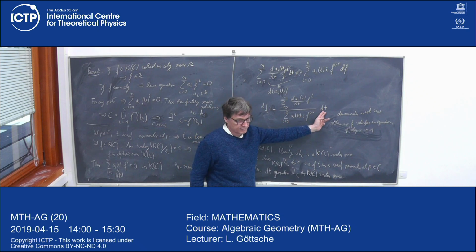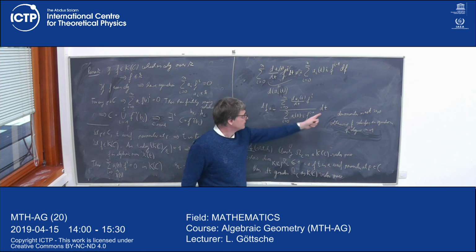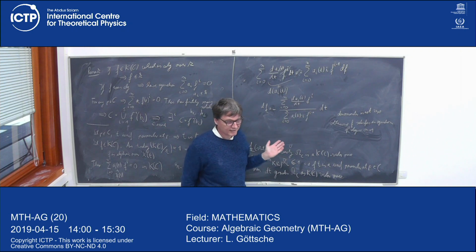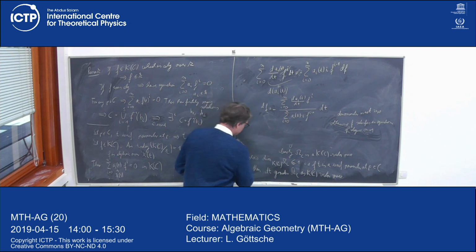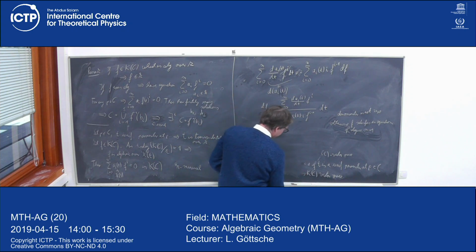This dt is the unique generator. It could still be that dt is 0, in which case we are out of luck, because obviously you cannot do anything with 0 equal to 0. But it turns out not to be the case. The theorem is it's a one-dimensional vector space generated by this dt. Okay, so this is the proof as far as it goes.